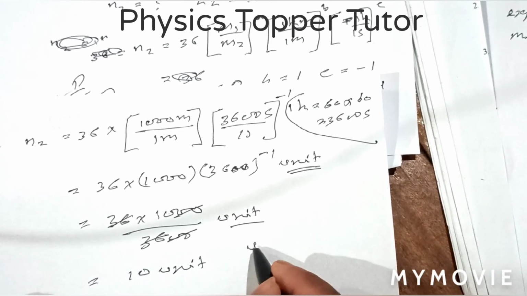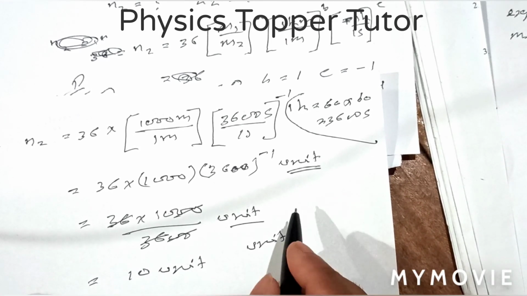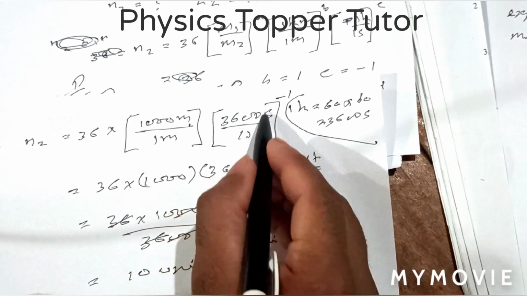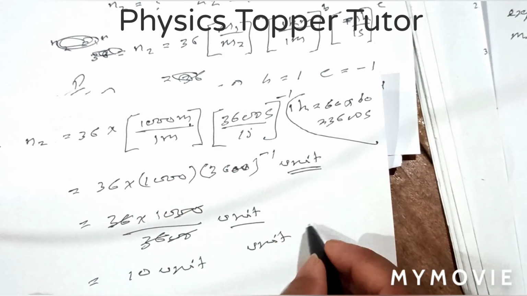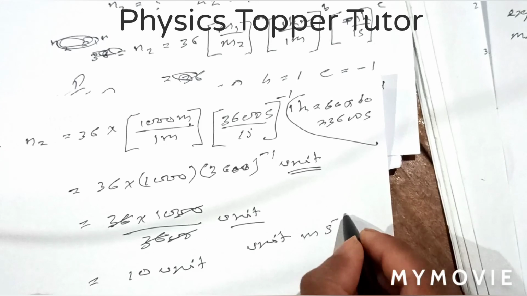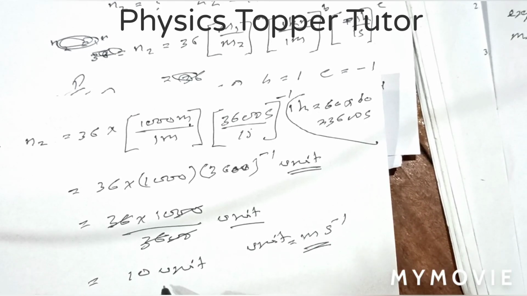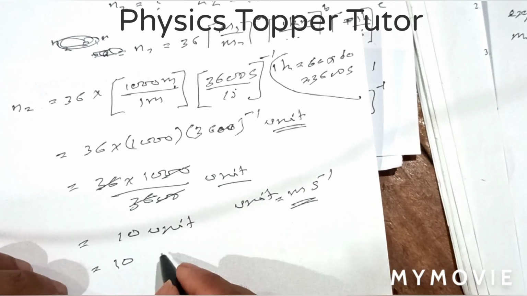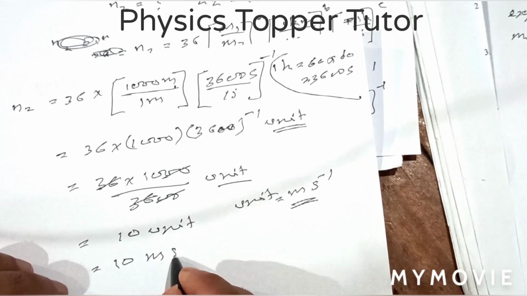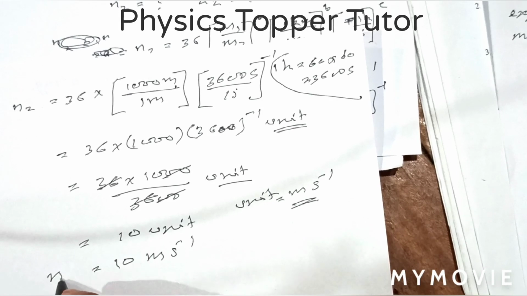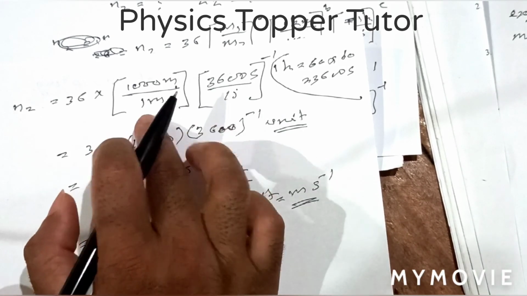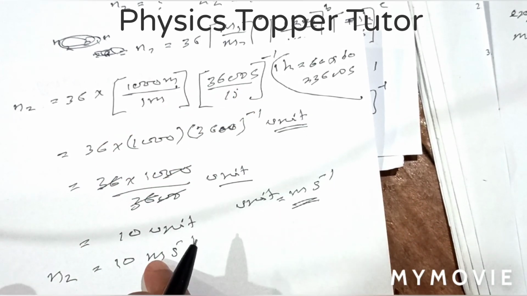What is the unit? Unit is meter, and here second we have meter. Meter per second is the unit. So instead of unit, you can write meter per second. So we convert the bigger unit, kilometer an hour, into meter and second.